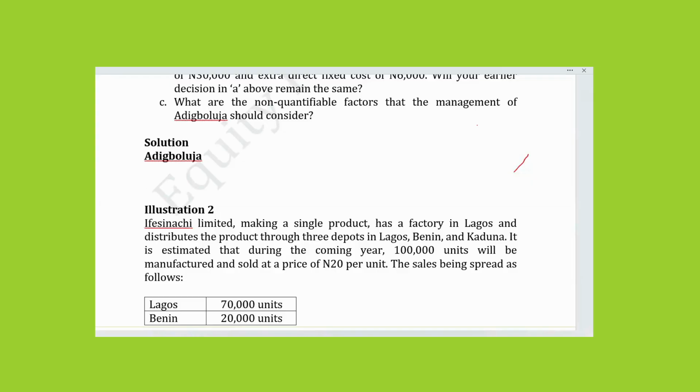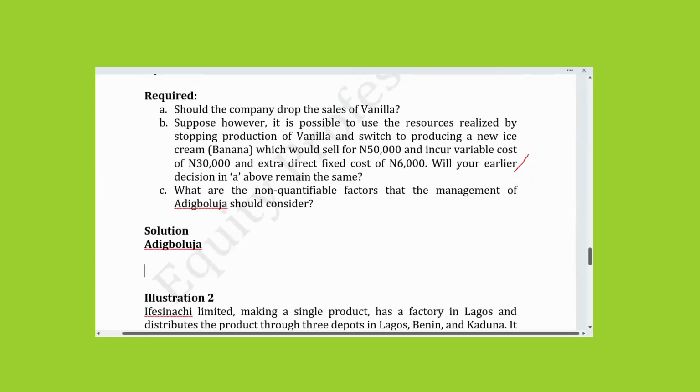Step 2 is to state your qualitative factors. Step 3 is to advise whether the company should discontinue the segment or not. However, in this question, the qualitative factor is there in the C requirement, so there may not be need for that.